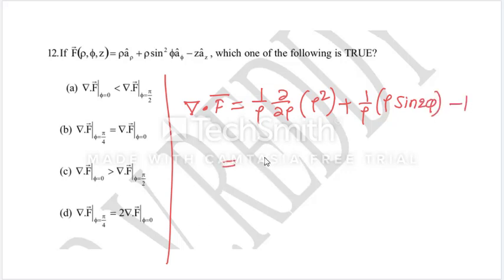So how much it is? 2. So this is finally what we'll get it is 1 plus sin 2 phi. Check it.